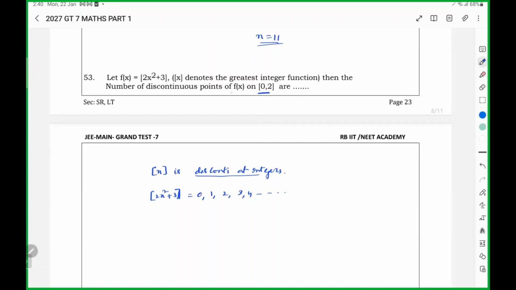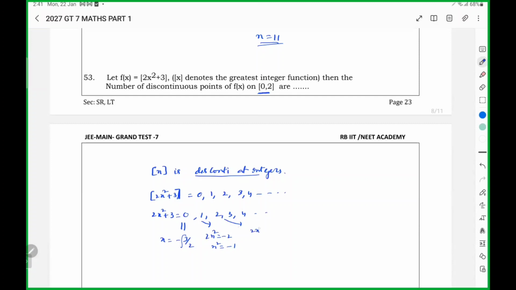Here x is 0 to 2, not negative values. If you take 2x square plus 3 as 0, 1, 2, 3, 4 like this. So in the first case, x will be negative, no use. The second case also you get x square is minus 1.